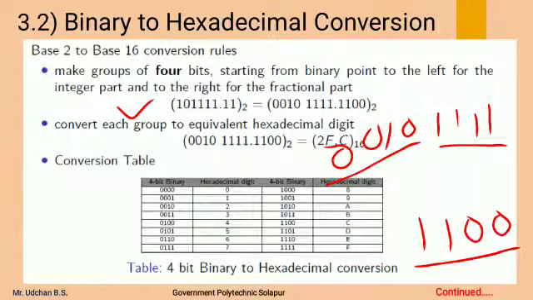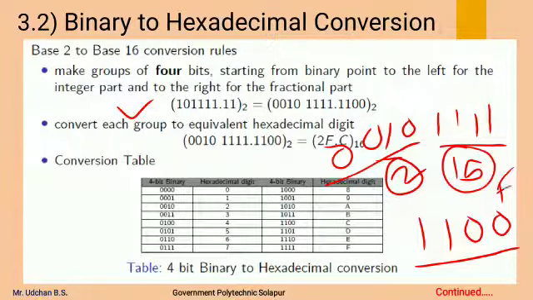Now we have to write the equivalent. For 0010 we will get the hexadecimal equivalent as 2. I have explained previously how this equivalent number can be found out. After that next group is 1111. For this we will get the hexadecimal number as 15, which can be written as F. Next group is 1100.